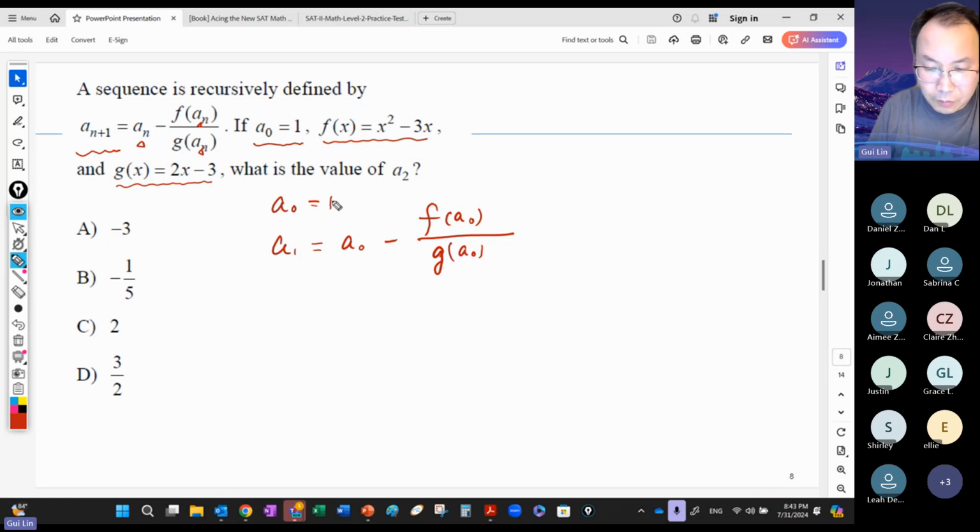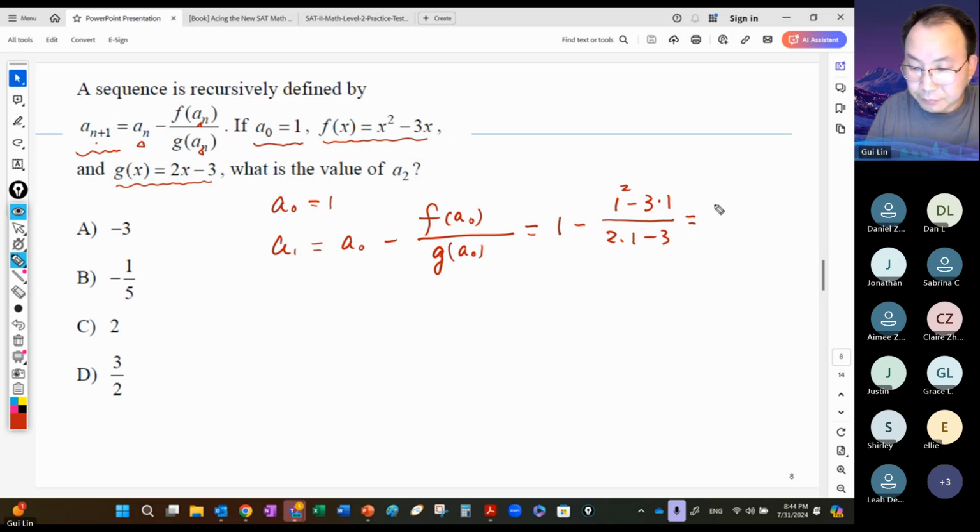So like this. Where earlier there was x, now all are replaced by A0, right? Okay, so we can replace here. So for F(1), we need to put in 1: 1 squared minus 3 times 1, right? This is F(x). And G here is 2 times 1 minus 3. Right? So you can get it.